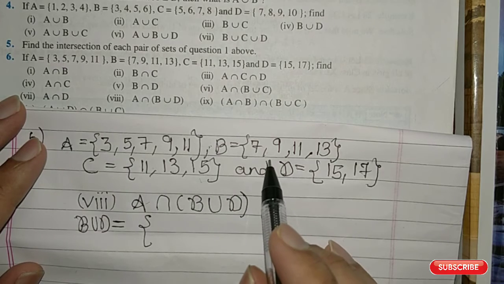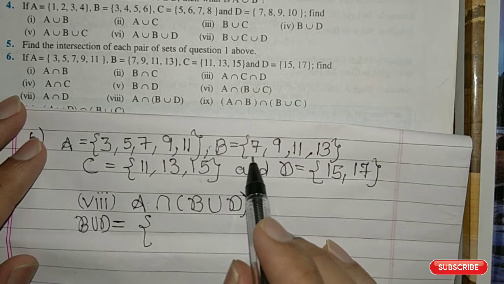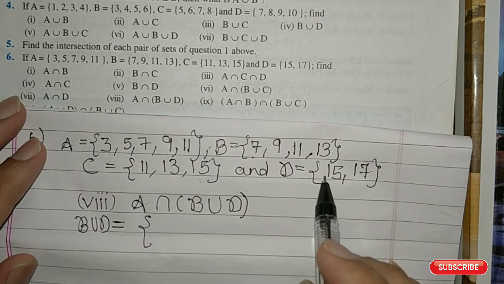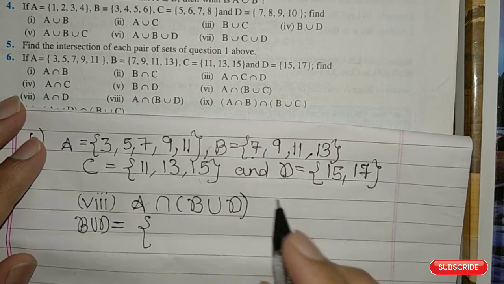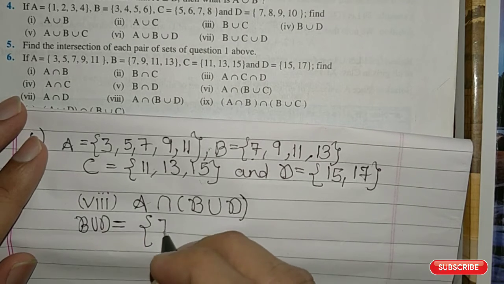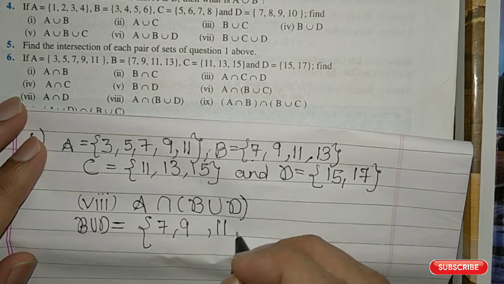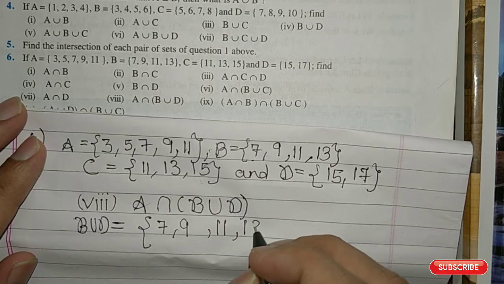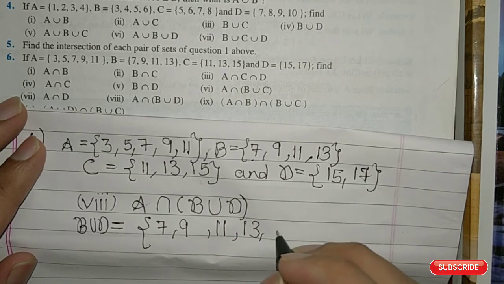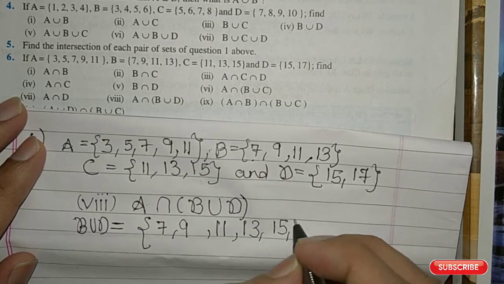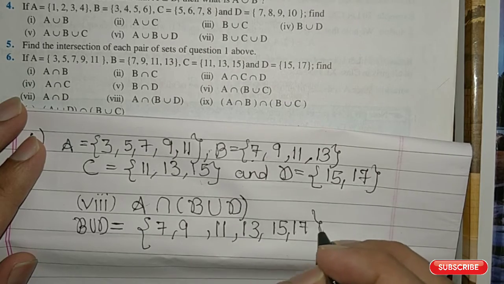B union D means just taking all the elements of B and all the elements of D. So you will get 7, 9, 11, 13, 15, and 17.